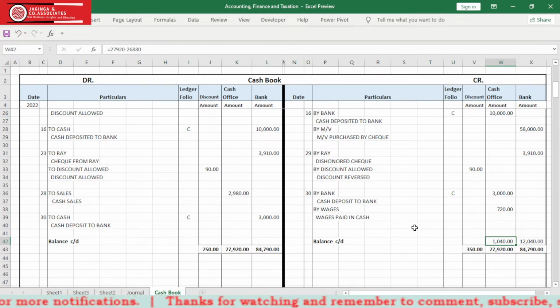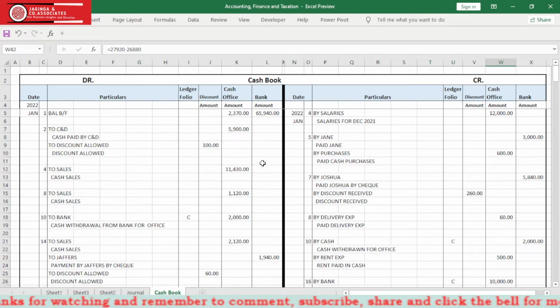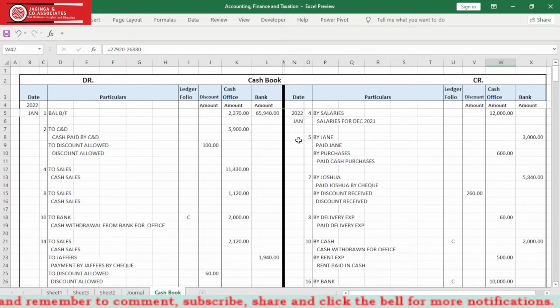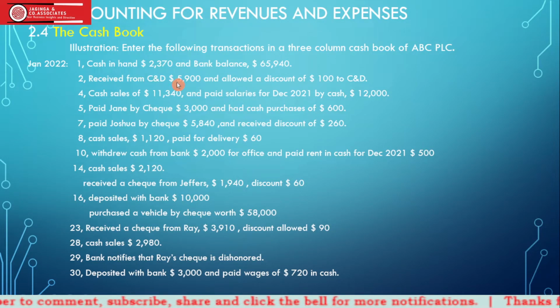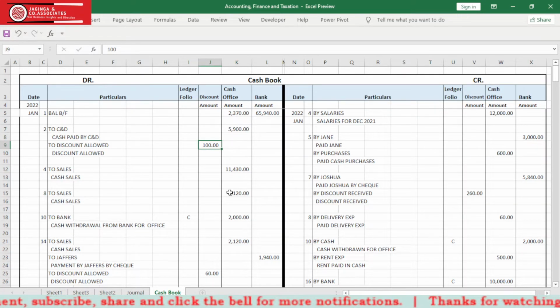So let's just go through and see if what we've done is correct. So our first entry was 2370 up here, 2370, 65940, and the second entry was 5,900 with a discount of 100, and we put 100 here.